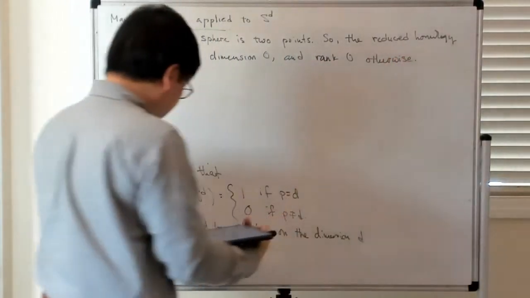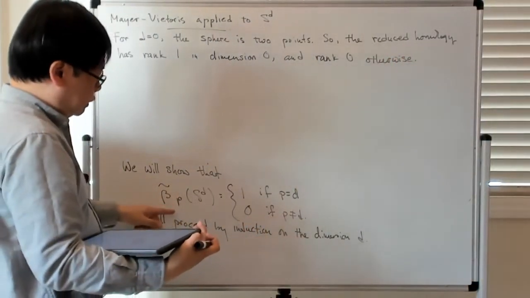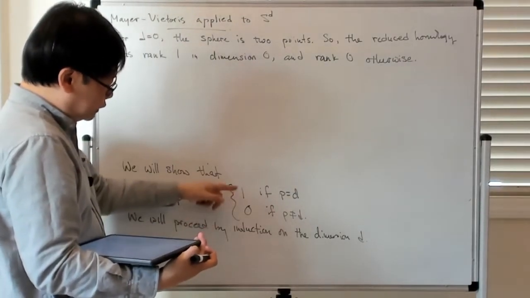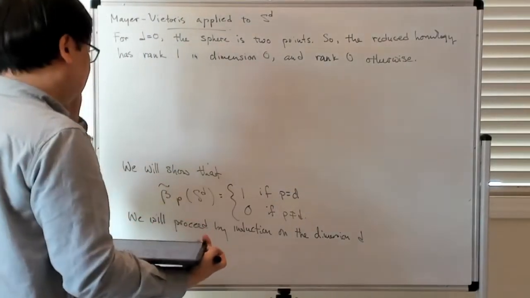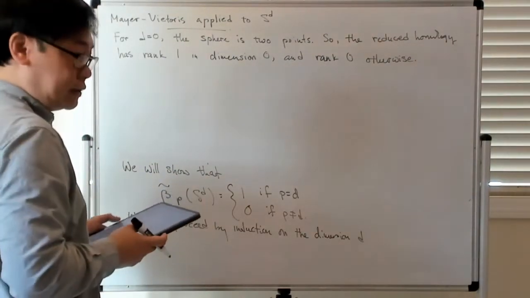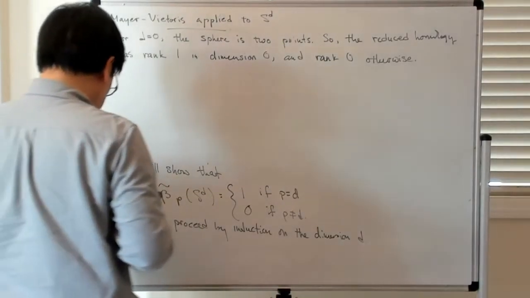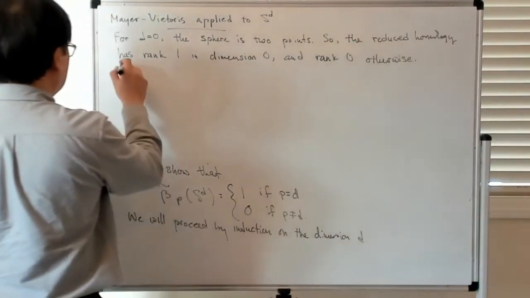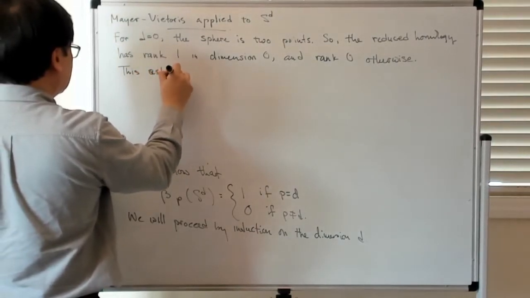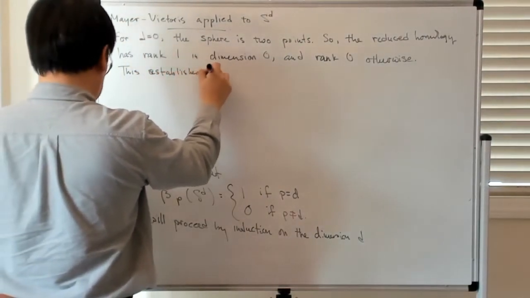That's consistent with the reduced Betti numbers for d equals 0, so the inductive hypothesis is satisfied for d equals 0. This establishes the induction basis.